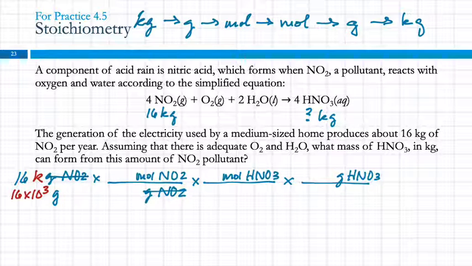And so if we're looking at this alternate one down here, what I'm canceling out is the grams of NO2. There's moles of NO2, and those are going to cancel. And moles of HNO3.